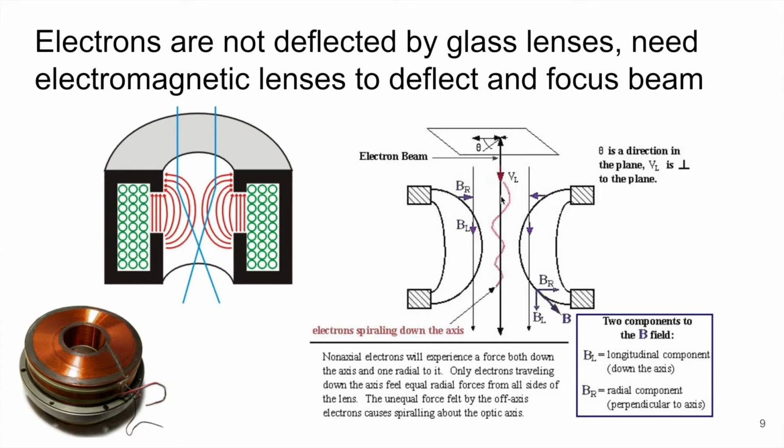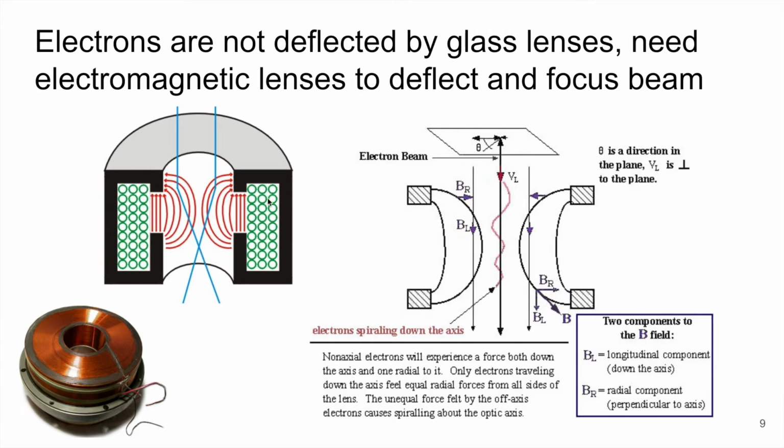So it's not just linear, it actually spirals through the lens. And this is an important part of how the electrons are focused. So again, they're not deflected by glass lenses. We need these electromagnets to create a magnetic field, because that magnetic field can deflect any off-axis electrons. And so that's what's done here.